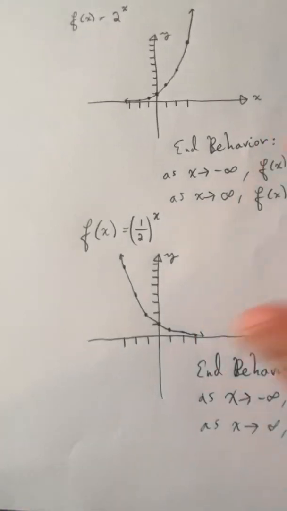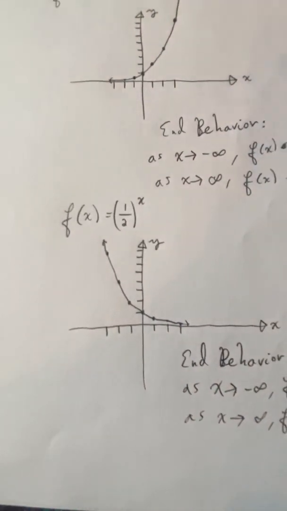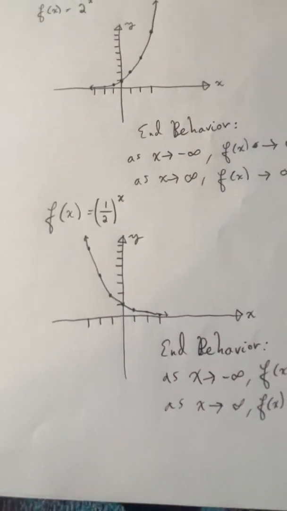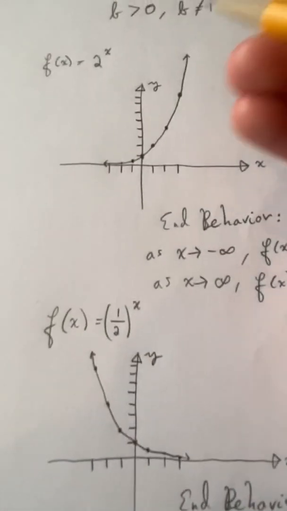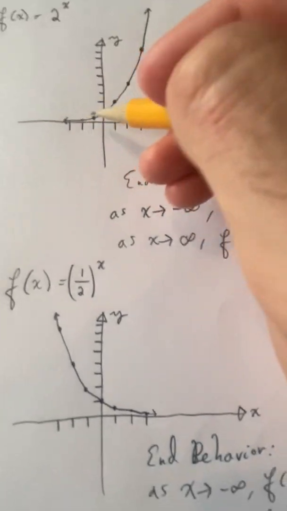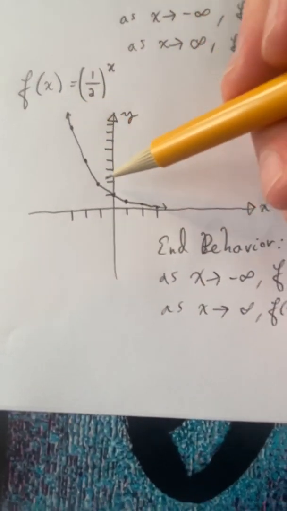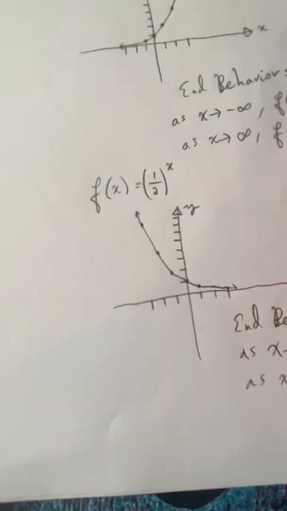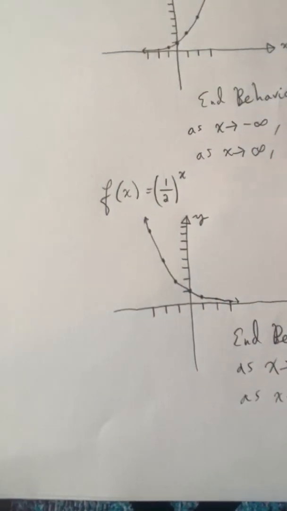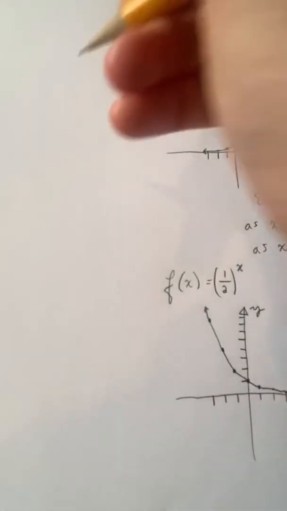So we can separate our basic exponential functions into two main categories. There are exponential growth functions like this, where you can see it grows as x gets larger, and exponential decay functions, where y gets smaller as x gets larger. It all depends on the base.